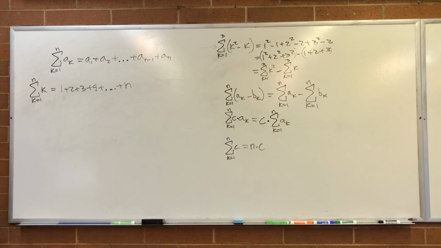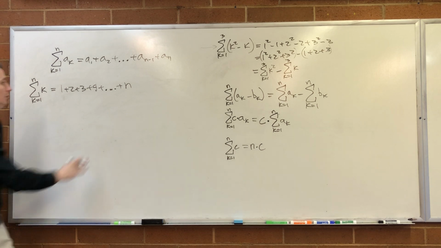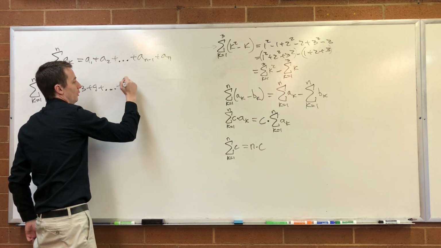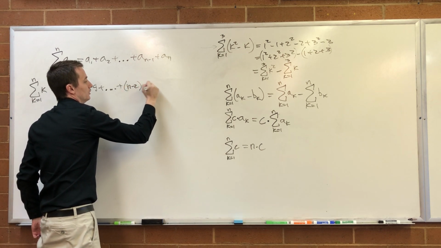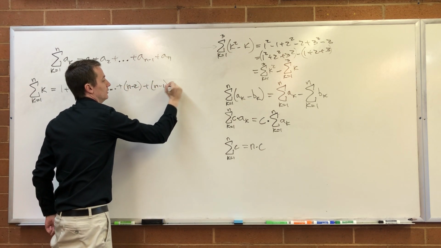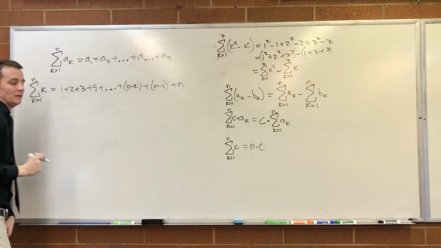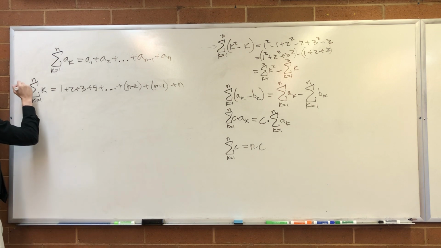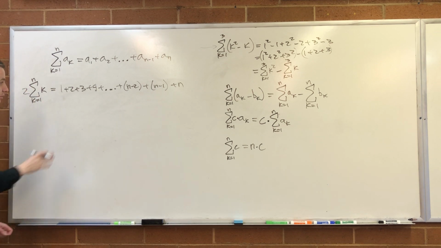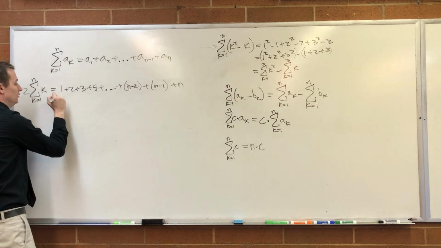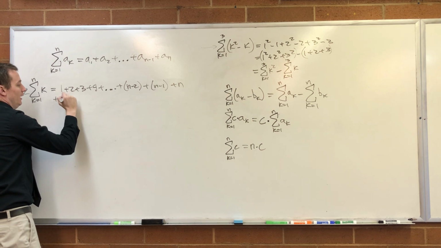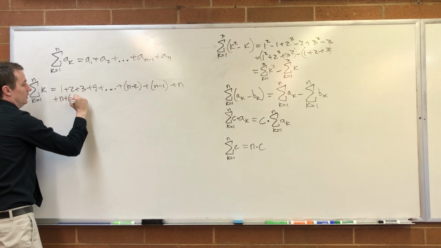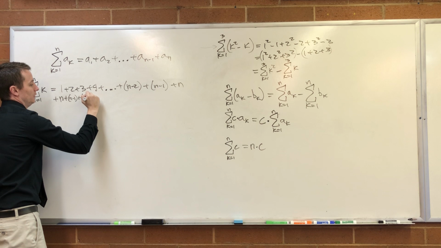Now notice, if I write this sum out twice, so let me write some other terms over here: plus n minus 2 plus n minus 1 plus n. I'm going to write this sum out twice, so 2 of these sums is equal to that, plus n minus 1 plus n minus 2.